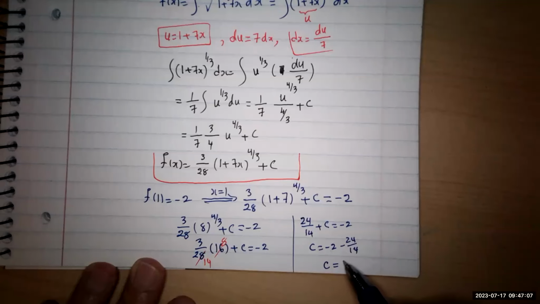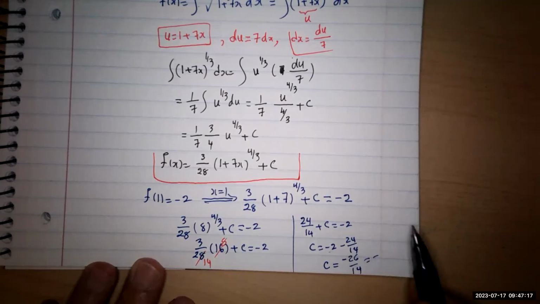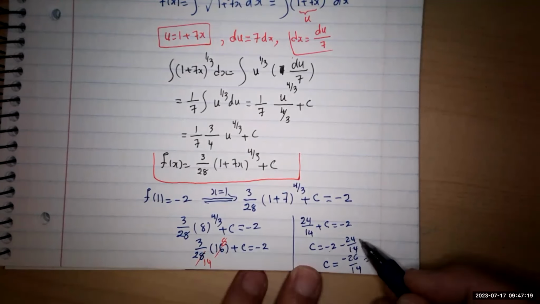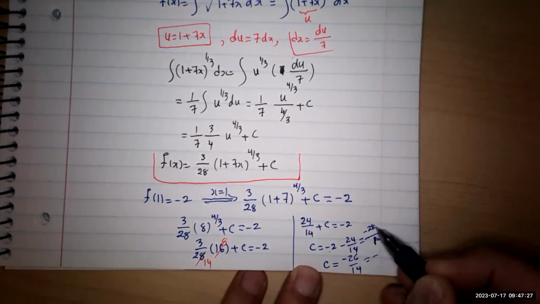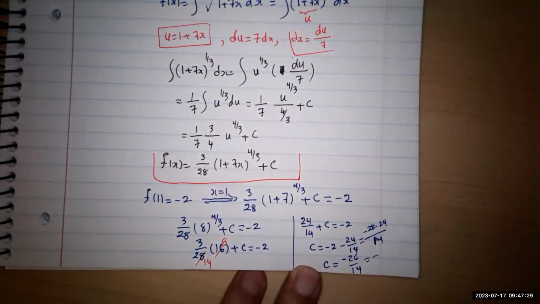So that gives me -26 over 14, which is going to be negative, because that's a -28. Sorry, I just didn't simplify it here. It's going to be 14, and that gives me -28 minus 24.